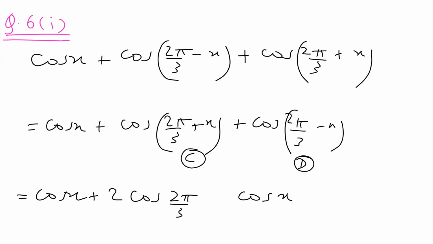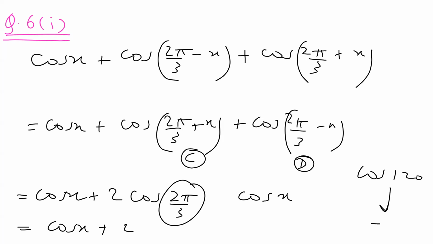Okay, now cos 2 pi by 3 is 2 into 60, that is cos 120. Cos 120 is nothing but minus sin 30, so the value is minus half.